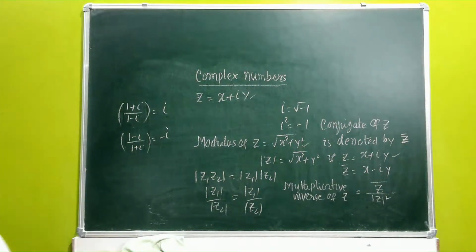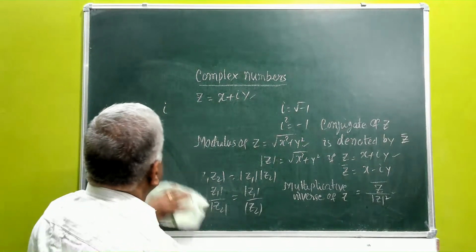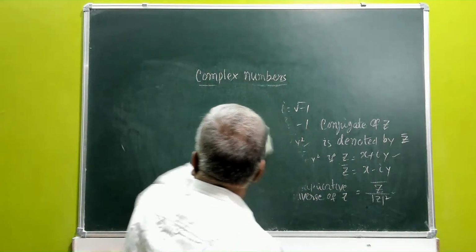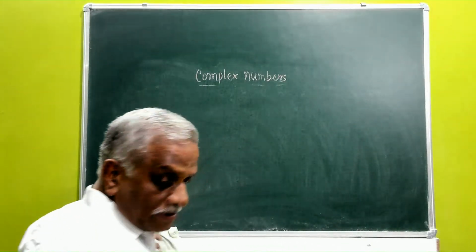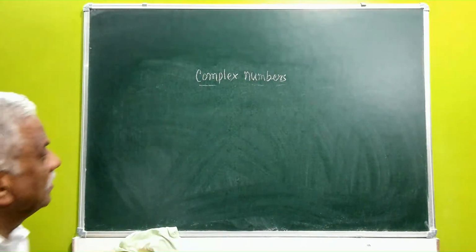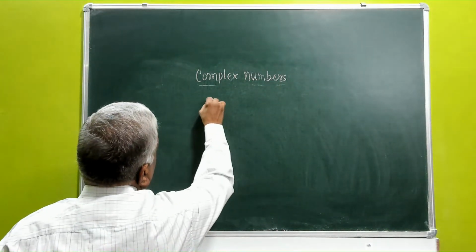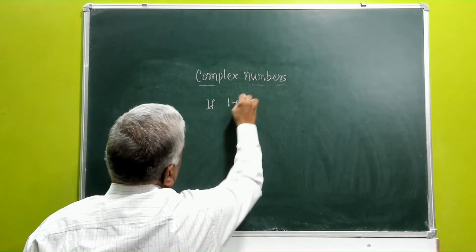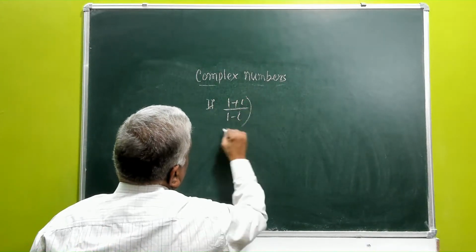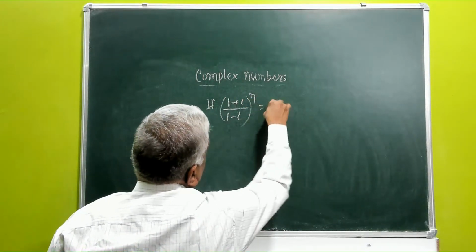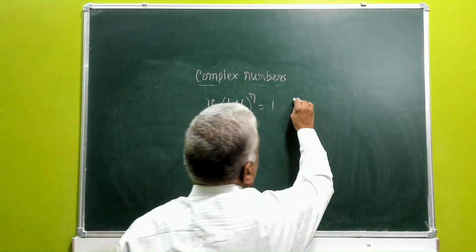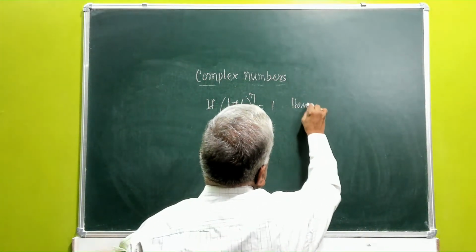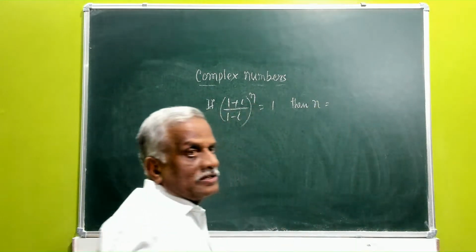In CET 2020, there is a question on complex numbers. If ((1 plus i) by (1 minus i)) to the power of n is equal to 1, then n is equal to what?